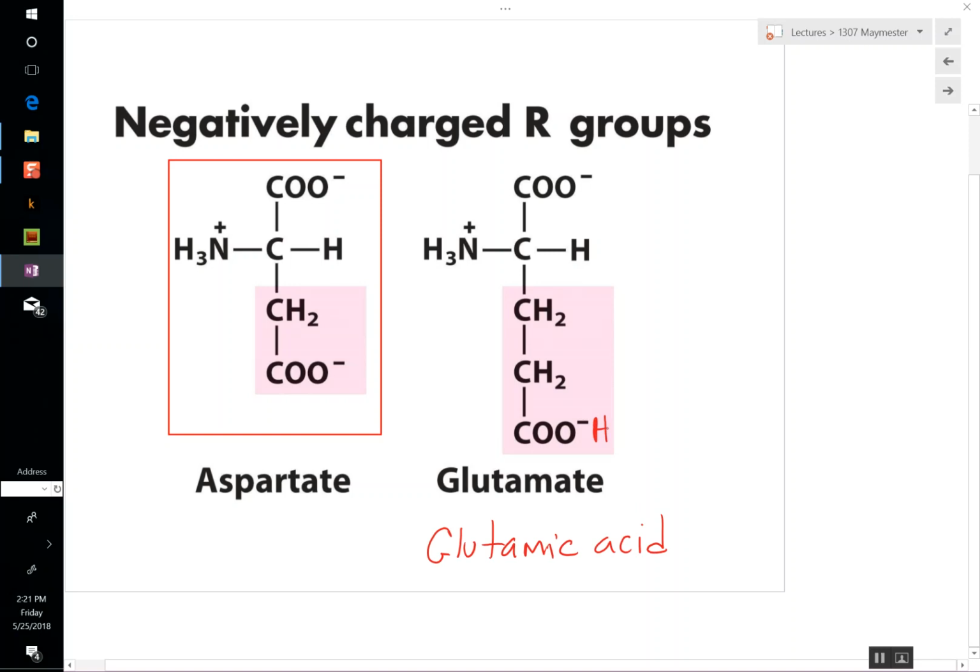With the hydrogen dissociating off of it, it's called glutamate. And those are the 6. I wanted to get these to you so that you could start learning these. You don't have to learn all 20, just these 6.